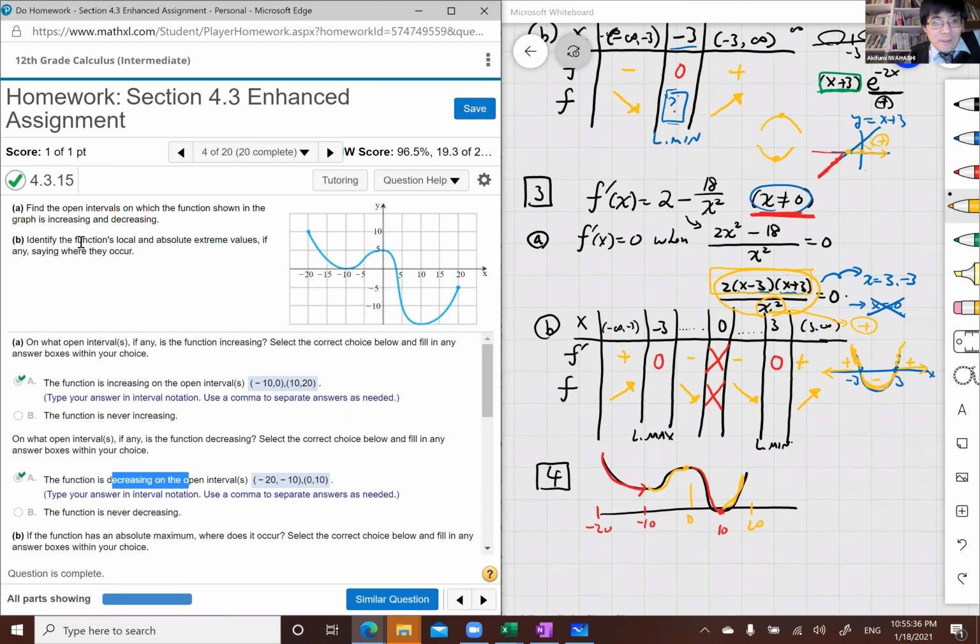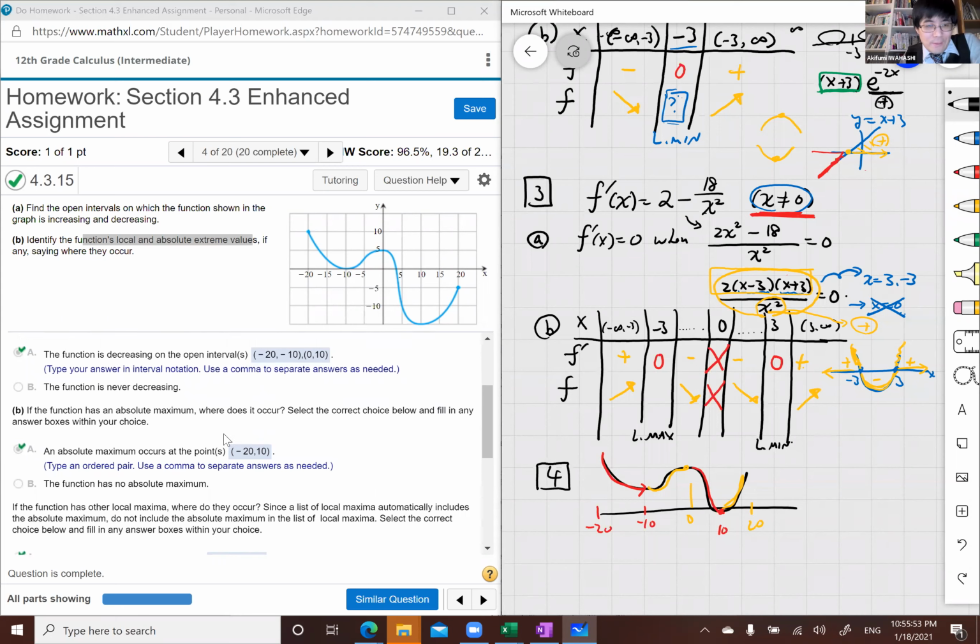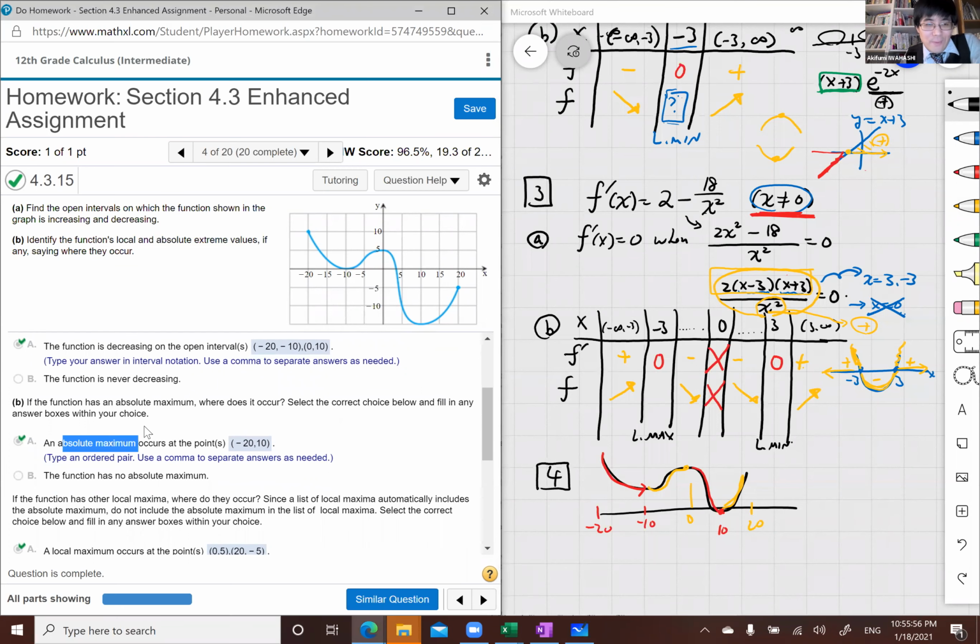Okay. Now identify the local and absolute extreme values. So I need to answer 4 questions: local maximum, local minimum, absolute maximum, absolute minimum. So one at a time. What is the absolute maximum? Absolute maximum is a point which attains the highest y value possible. So in this case, this point has the highest y value, so this point will be the absolute maximum.